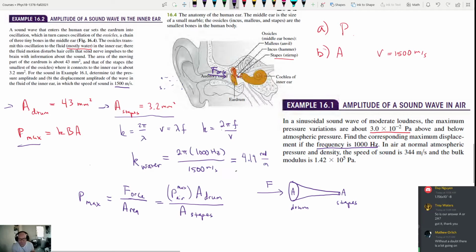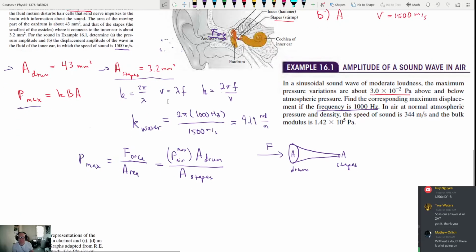I feel like that's an awful lot to put into an example problem, but I think the point of this example problem is to have some connection between anatomy and what we're discussing. Anyway, given that that's how we're going to do it, we just need to take the max air pressure that we got in the previous problem, 3 times 10 to the negative 2 pascals, multiplied by the area of the drum, which was 43, divided by the area of the stapes, which is 3.2.